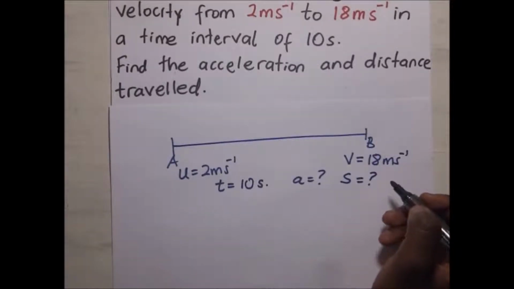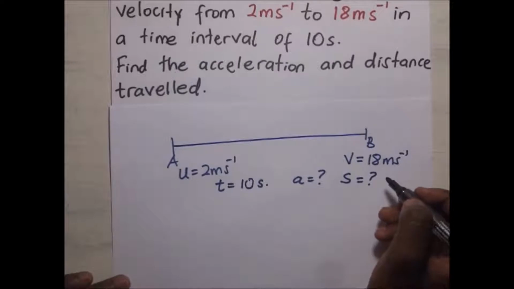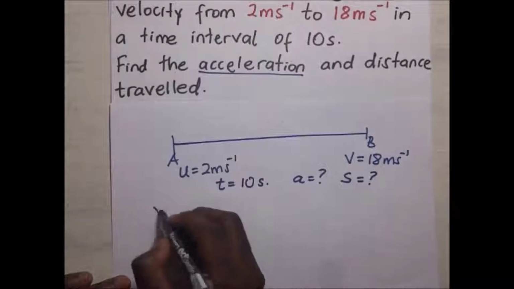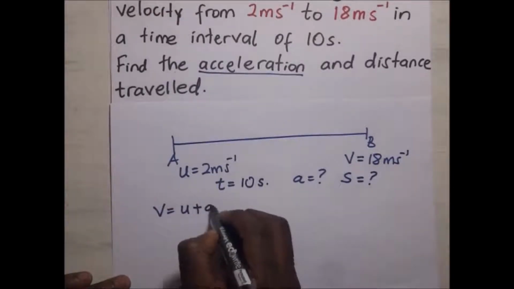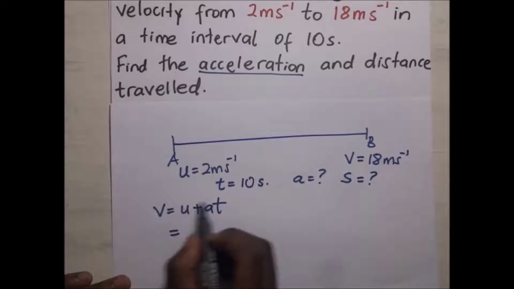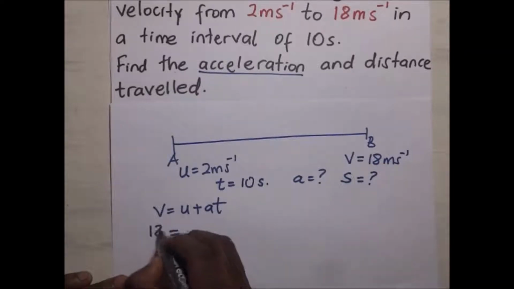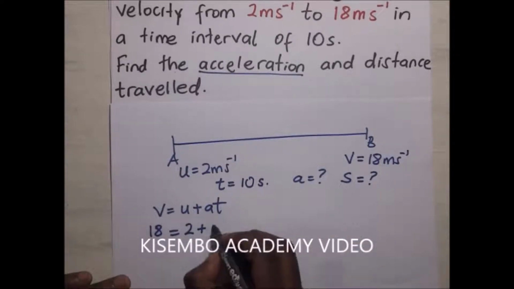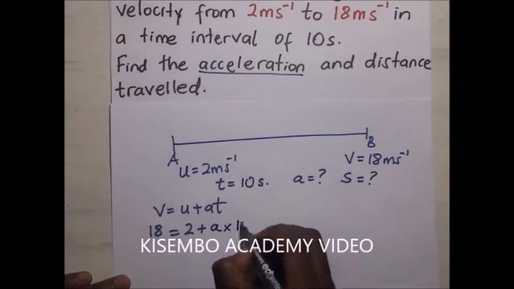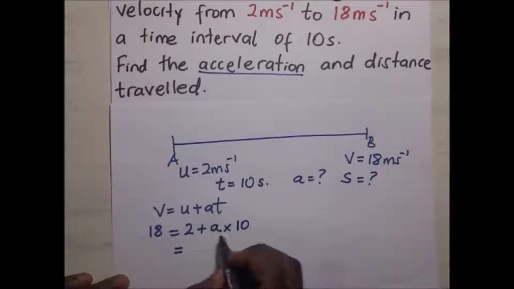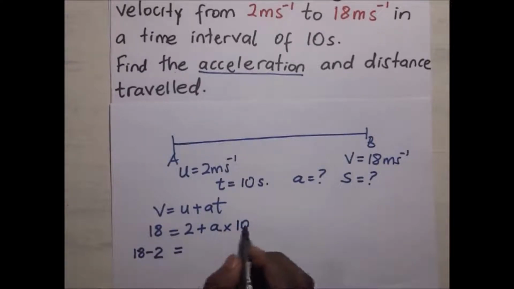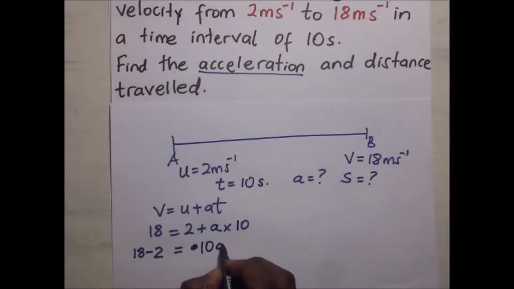Again, from our equations of motion, to find the acceleration, we can go with the first equation of motion. We know that v is equal to u plus at. Our final velocity v is 18, the initial velocity u is 2, plus our acceleration a times the time, which is 10 seconds. Making a the subject of the formula, 18 minus 2 is equal to a times 10, which is 10a.